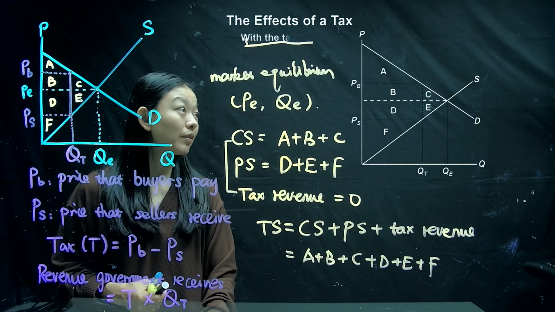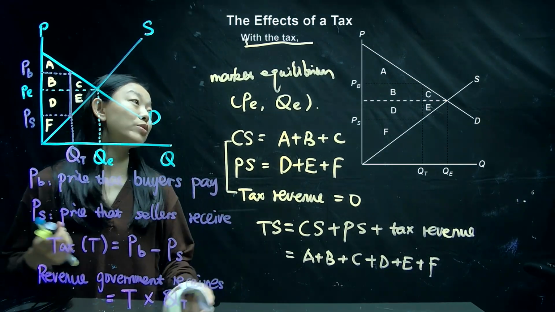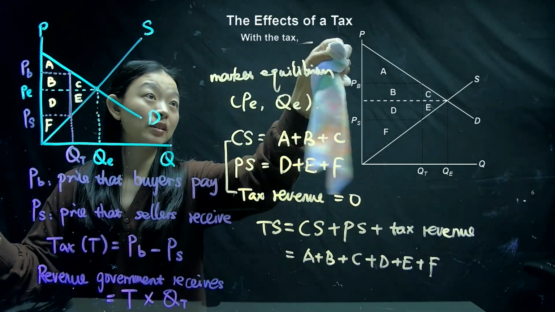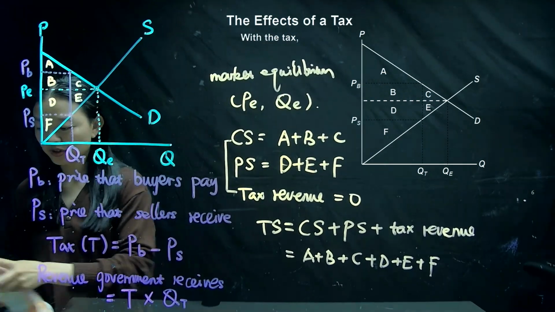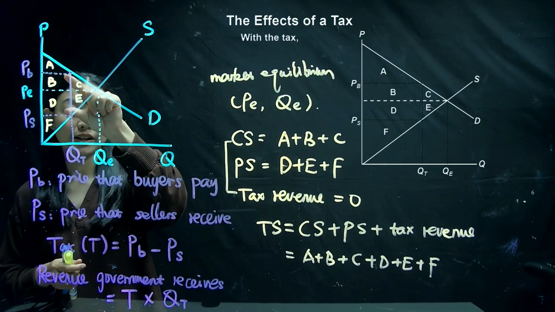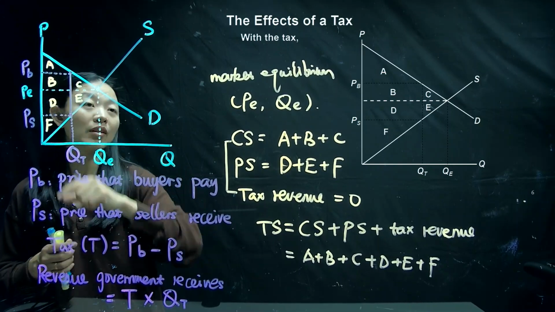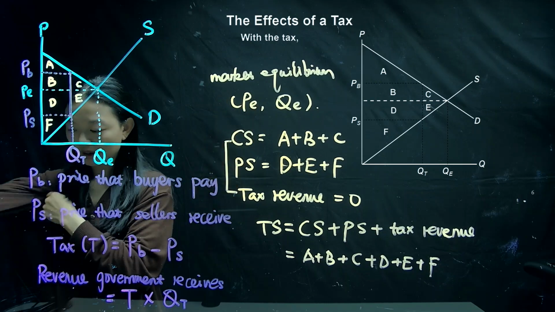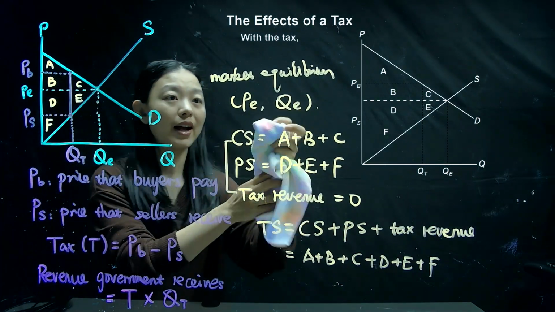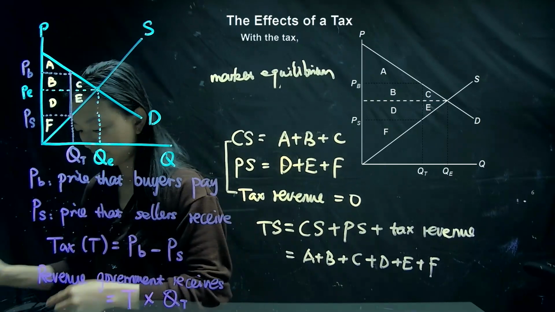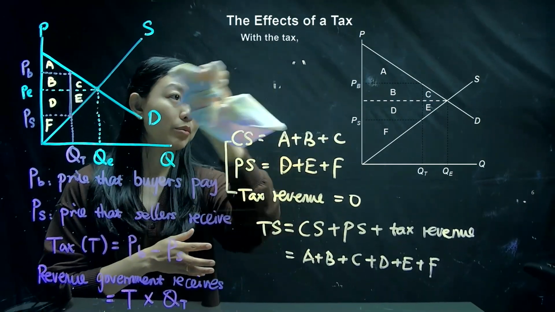Now let's see. If we impose tax, what will happen? Now we have the tax rate as T, right? So the price is no longer the market equilibrium price. It is not in the market equilibrium.